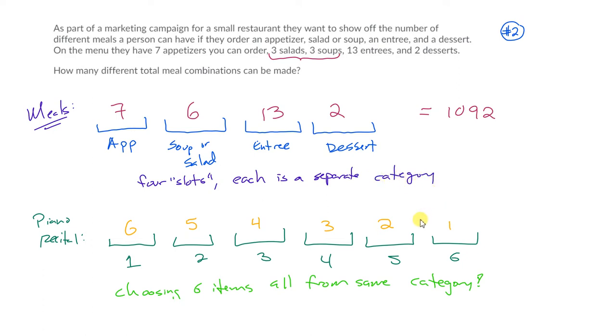If I was choosing like 7 different appetizers all from the same appetizer category, it would be 7 times 6 times 5 times 4, etc., because I would keep reducing by 1. So you guys see the difference between different categories. You just multiply the number of choices in each category. If it's the same category, it gets more complicated because you're altering the category when you make each choice. Okay? All right. So let's go on.